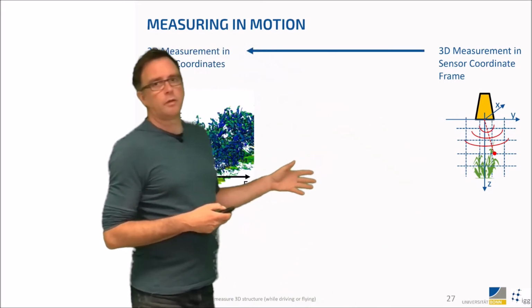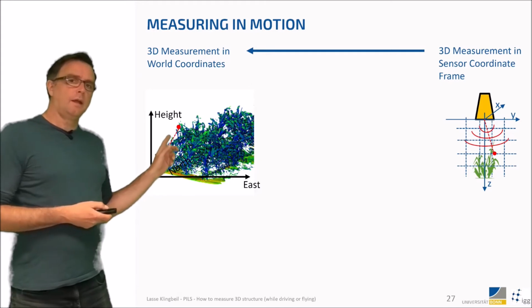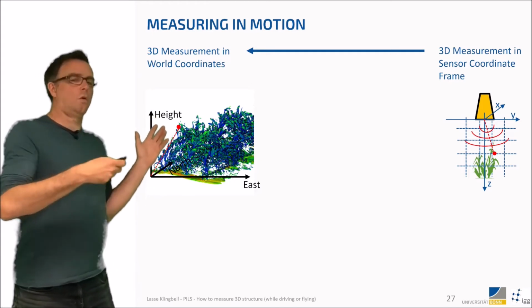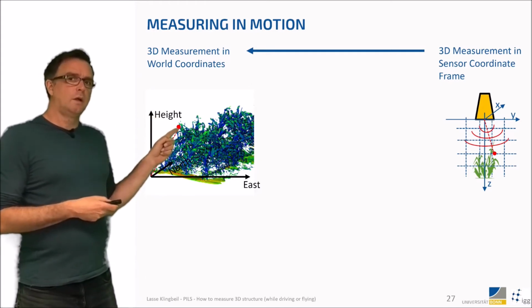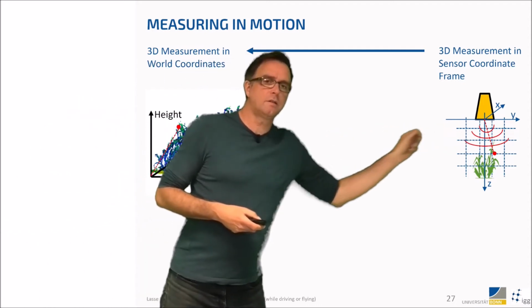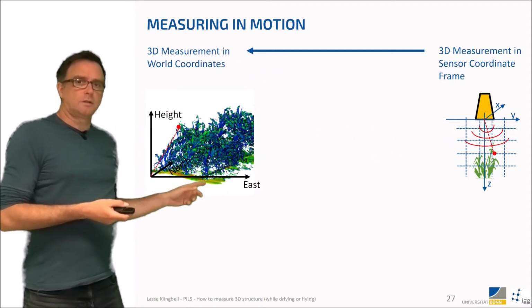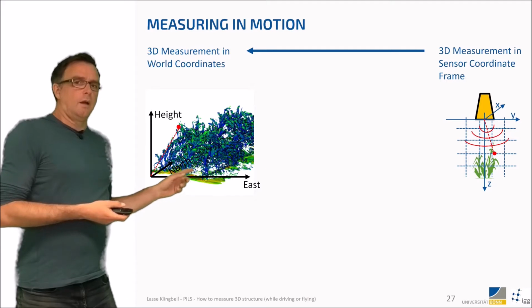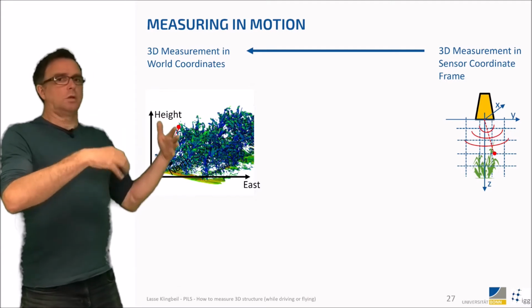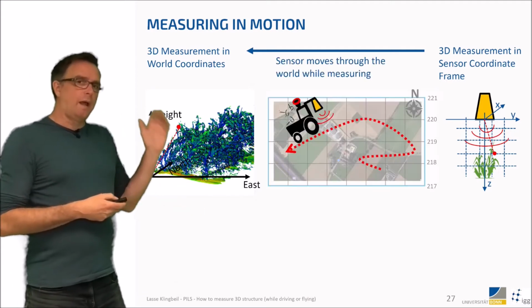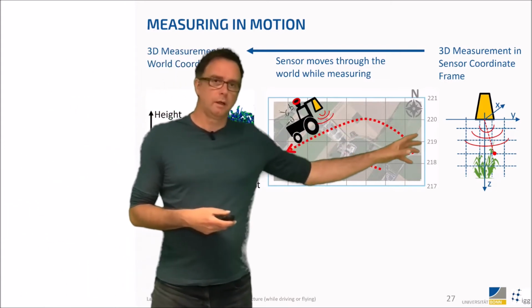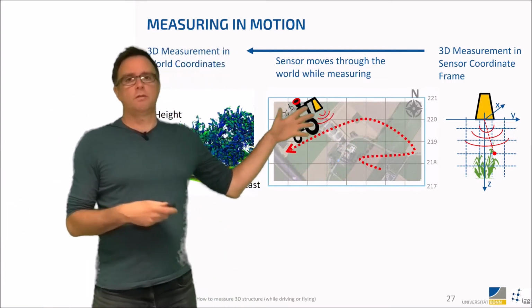What we want is to have this point in some sort of global coordinate system. So we want a coordinate which is not some X, Y, Z of the sensor. We want to have, for example, an east, a north, and height value in some global coordinate system. And we want to have that while the sensor is moving through the environment attached to some flying vehicle.